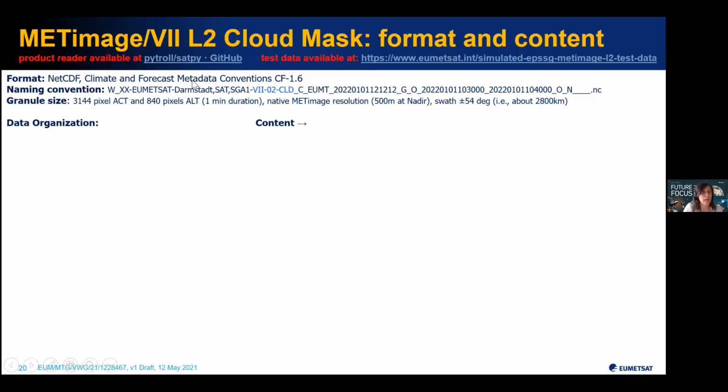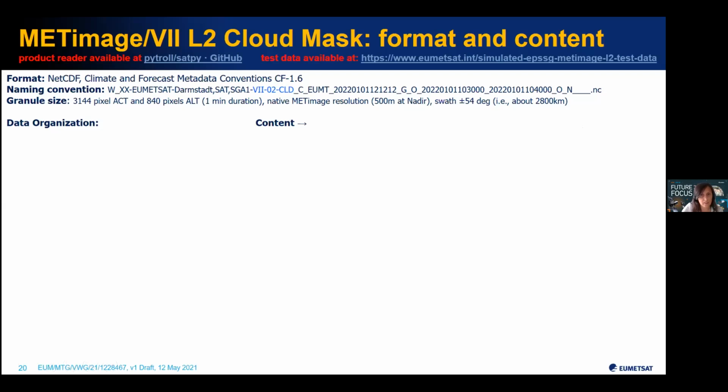They follow the Climate and Forecast metadata conventions. The product name is of this type, and in particular, this identifier, VII02CLD, identifies the cloud mask. Each product contains 1 minute of data, so about 3,000 times 400 times 800 pixels, and the resolution is the native EUMETimage resolution of 500 meters, while the swath is about 2,800 kilometers wide.